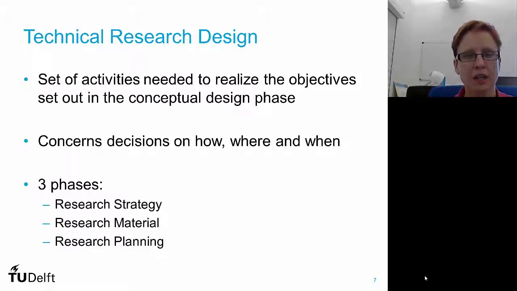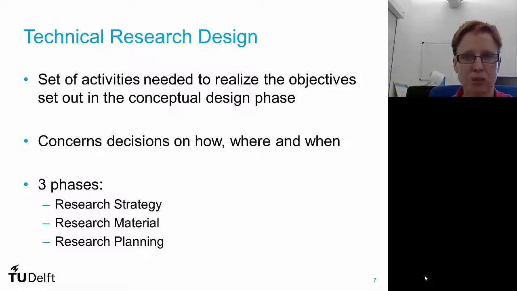So basically, technical research design is the how, where, and when. How am I going to do it? Where am I going to do it? And when? And every time you reflect back on your conceptual design phase to ensure that your how, where, and when fits into your conceptual design. Which also means that some research activities that you may really enjoy may not happen.